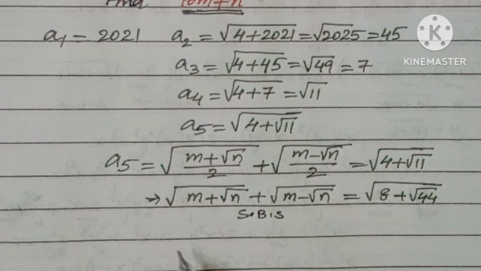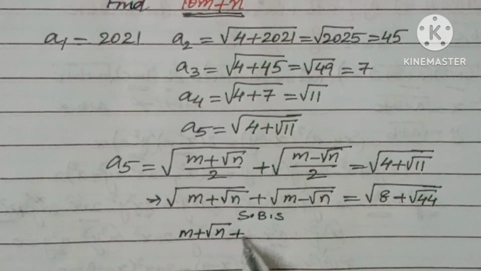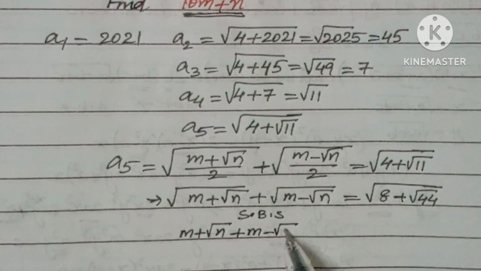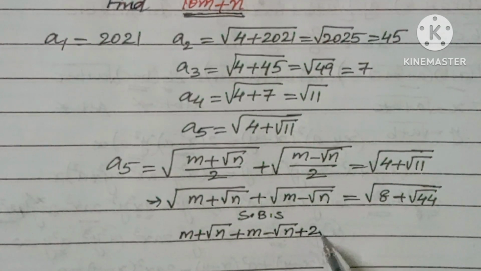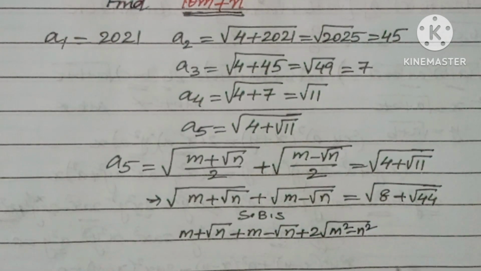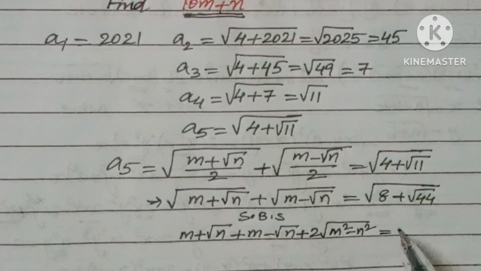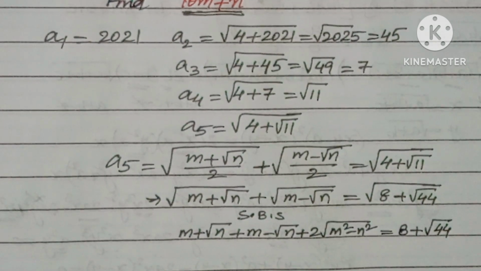Squaring on both sides, m plus root n, m minus root n, plus 2 root of m square minus n is equal to 8 plus root 44.